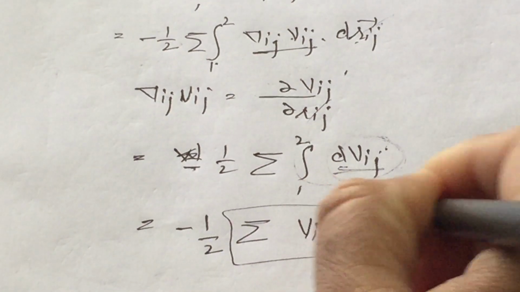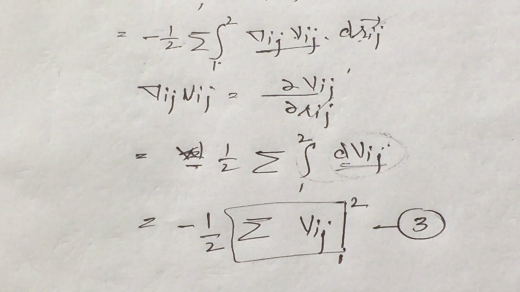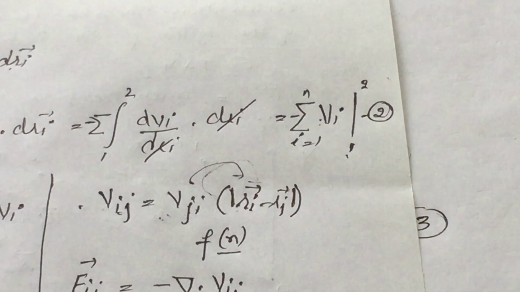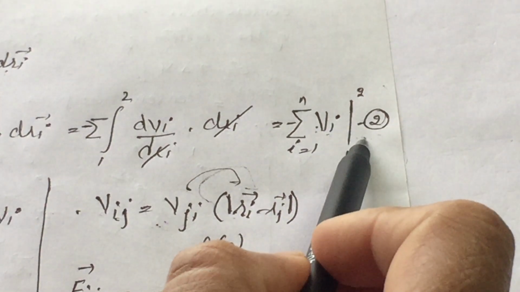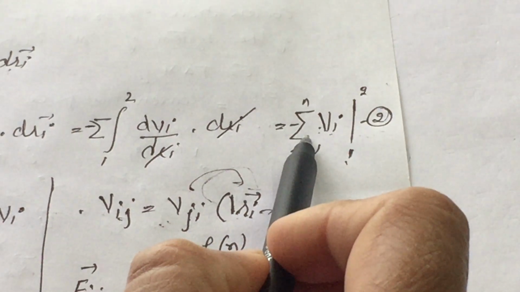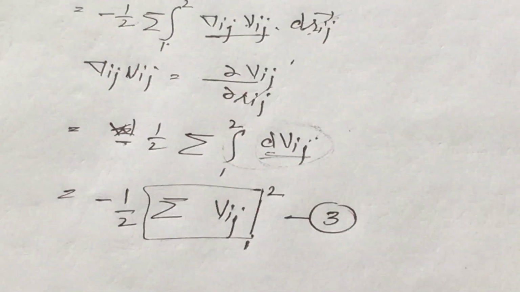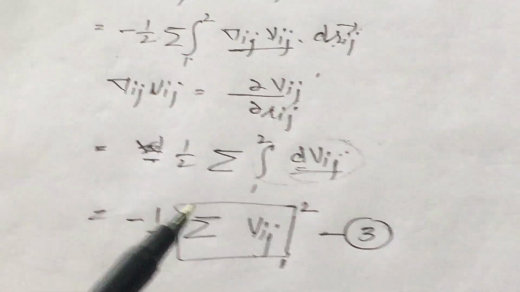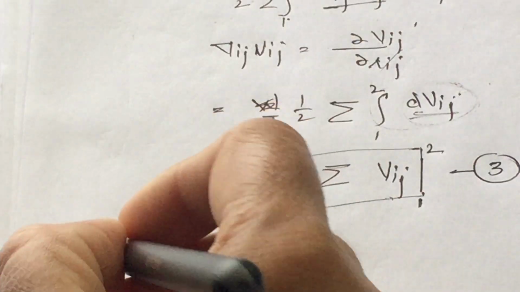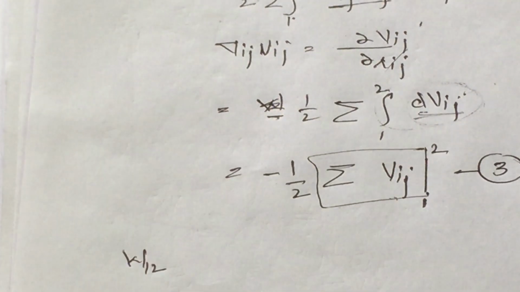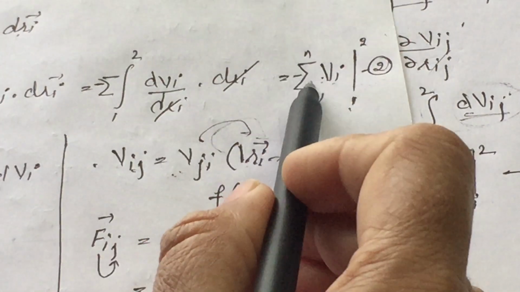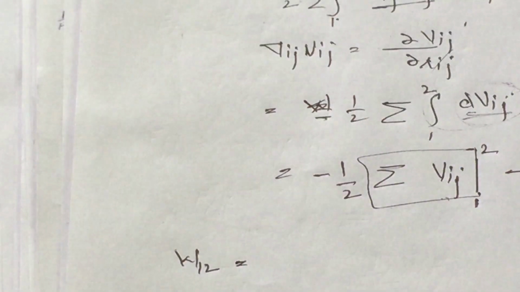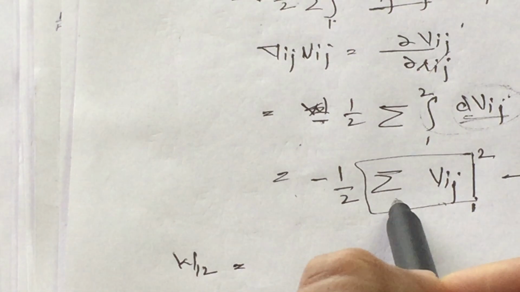This is our third relation, and this term was indicating the change in the potential energy due to the external force. Potential energy due to the external force, and this is the potential energy due to the internal force. Then what is the work done by the total potential energy? It is given as, because both these have negative sign with them and a summation, here also we have a negative sign and summation.